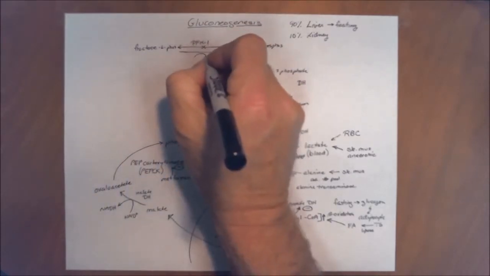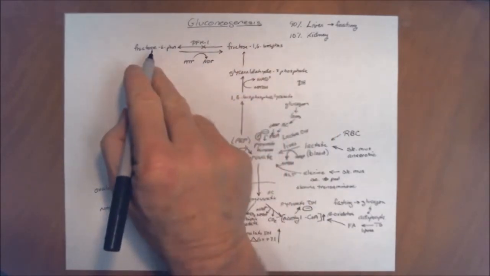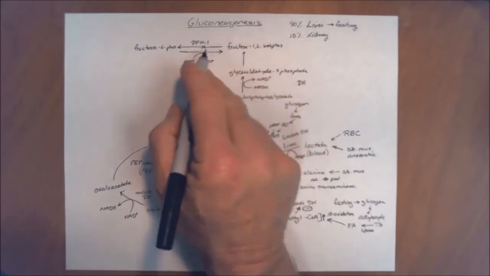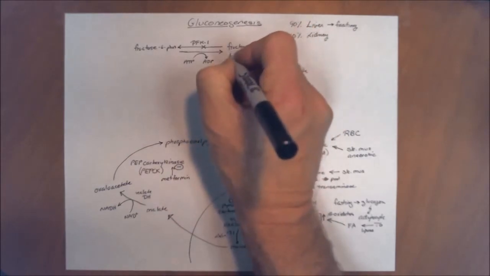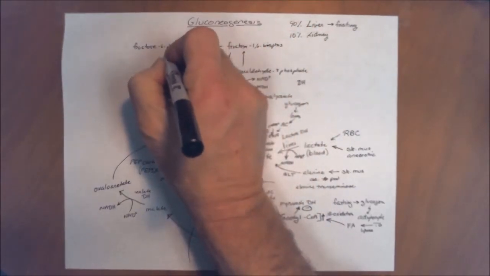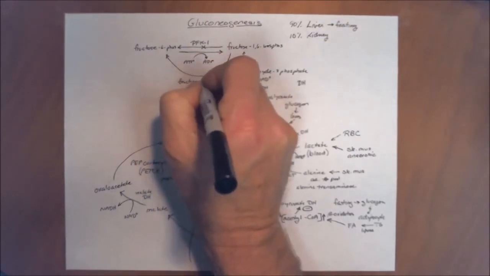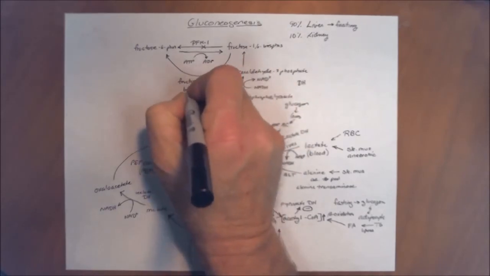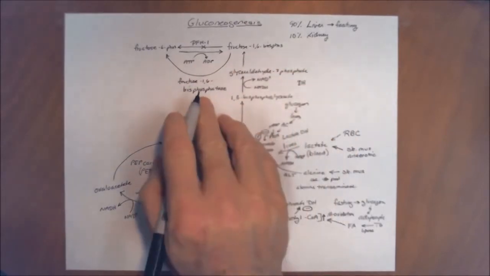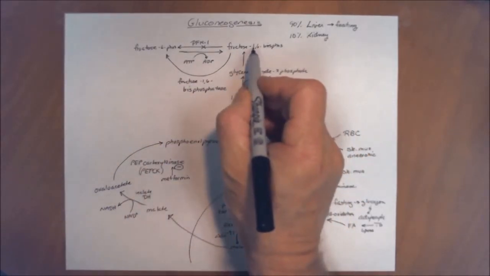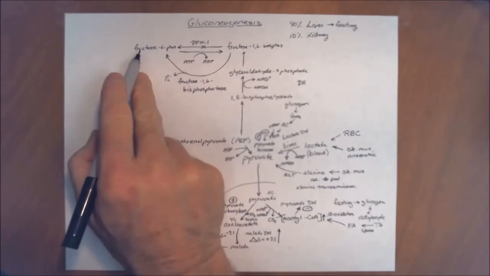Recall, because in this step we are harnessing the power of ATP to drive the reaction forward and phosphorylate the fructose on the number 1 carbon. So this is not a reversible reaction. So we need to go around this direction. So we have another enzyme that will bypass this, and this enzyme is called fructose 1,6-bisphosphatase. The job of this enzyme is to remove the phosphate on the number 1 carbon as inorganic phosphate and result in the product fructose 6-phosphate.